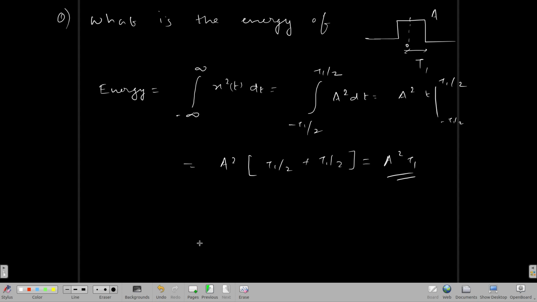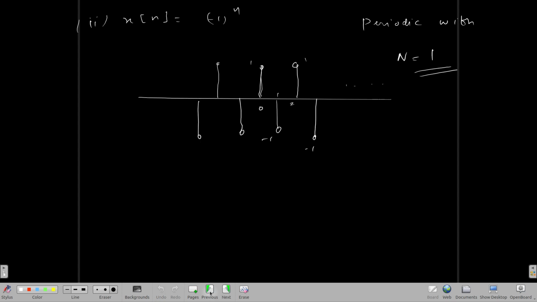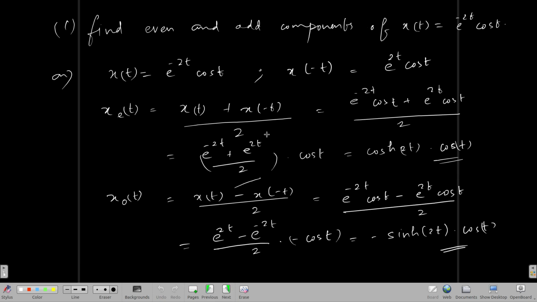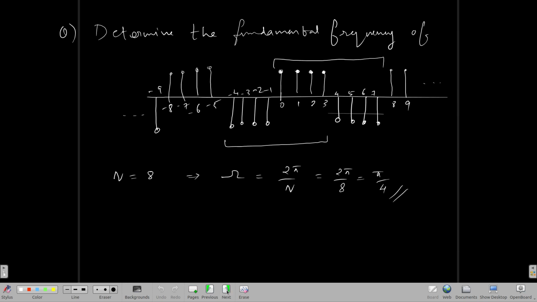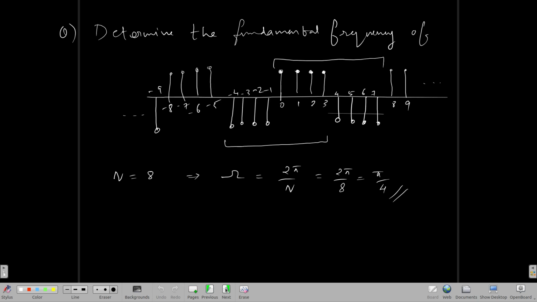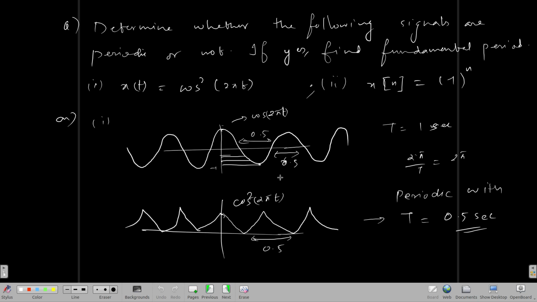Okay, so those were some examples of problems on the classification of signals. We started off with one for finding the even and odd components. I didn't do any problems for checking whether a signal is even or odd because that was very trivial. Then we did a question for finding the fundamental period of a signal, for continuous and discrete both.